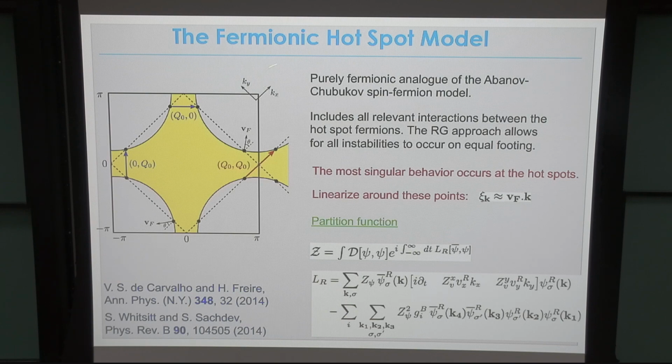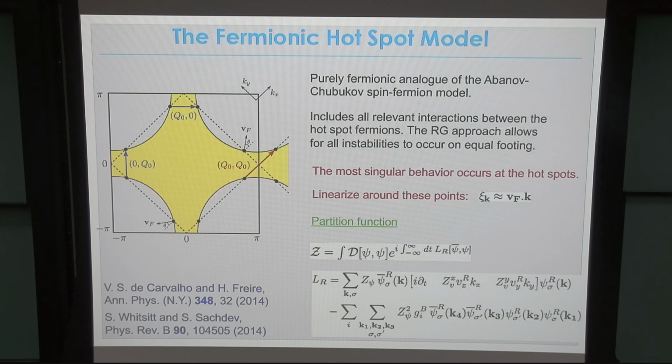What we do here is use a complementary microscopic approach to describe the system. We are going to use the so-called fermionic hotspot model. This is a purely fermionic analog of the Abanov-Chubukov spin-fermion model, and it includes all relevant interactions between all the hotspot fermions.